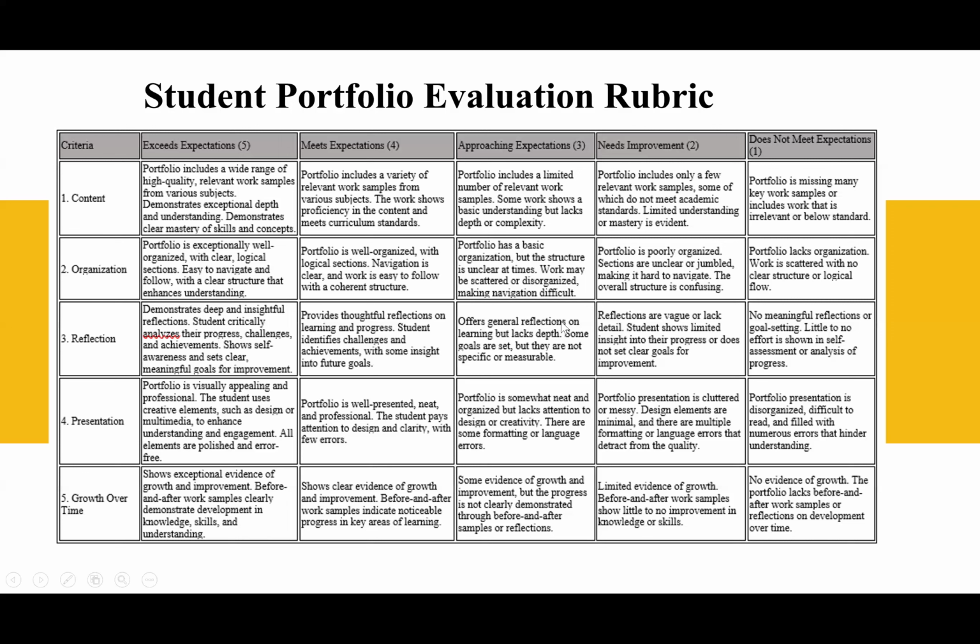So if, for example, in the organization, a student was placed in meets expectations, the student will look at this and say, my portfolio met those specific descriptions, but to move it to the next level, I have to include the elements stated here, so by then I will reach a 5 in the next evaluation.